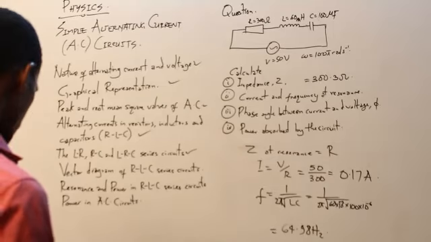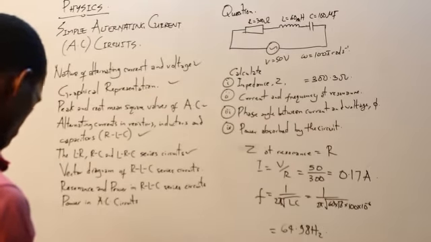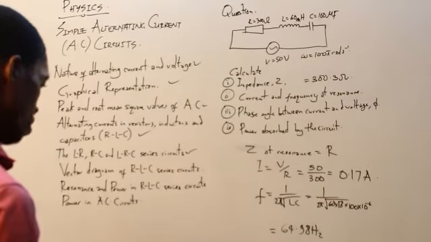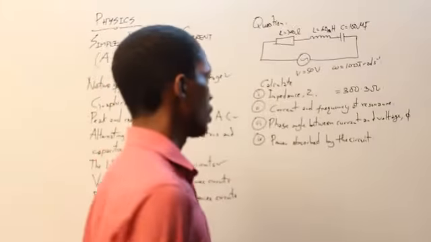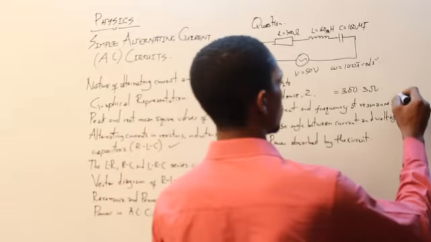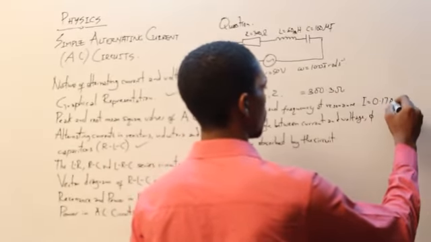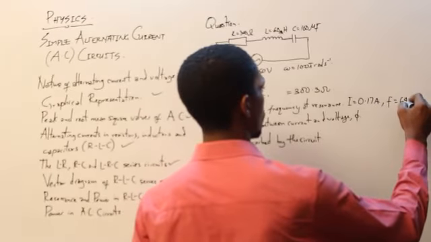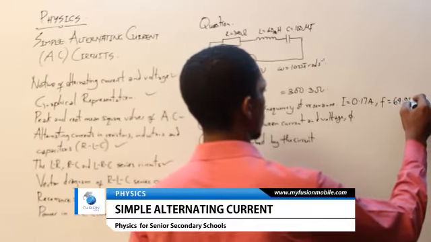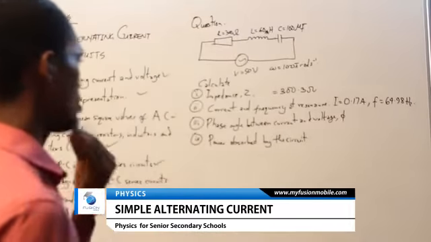So our frequency equals 64.98 hertz. Alright, we calculated our current as 0.17 amperes and the frequency as 64.98 hertz.